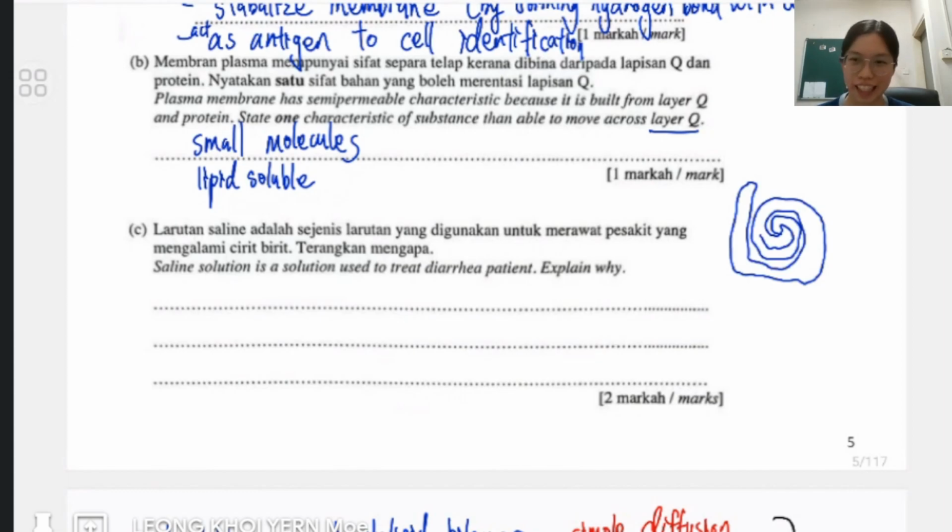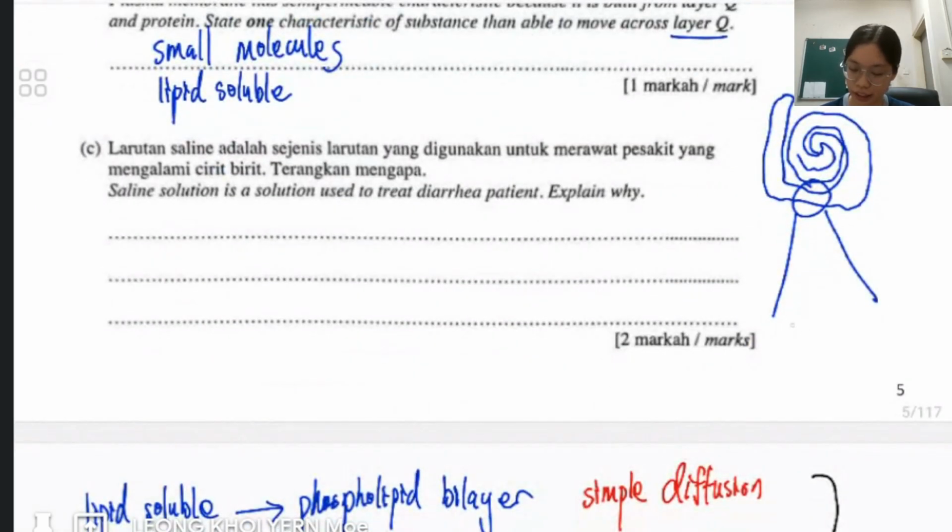Let's say this is the large intestine. In this large intestine, what is the function? They want to do reabsorption of water before it becomes feces.